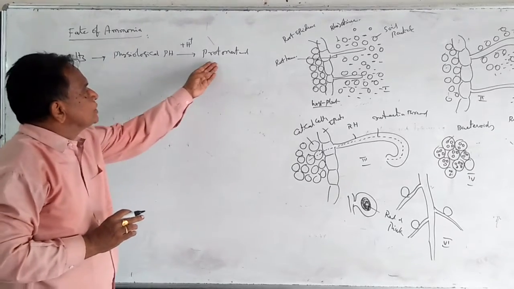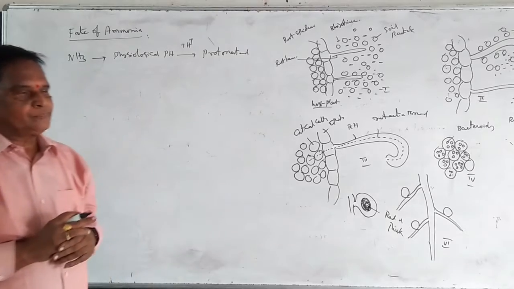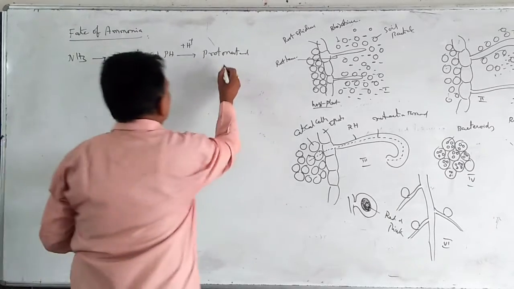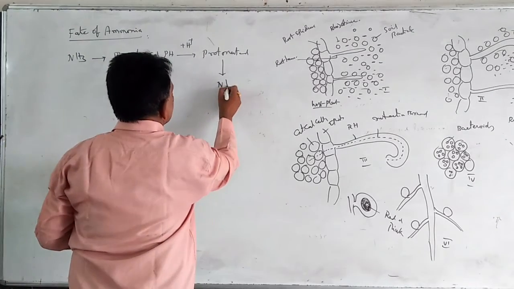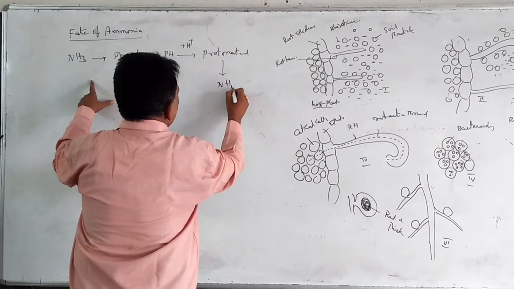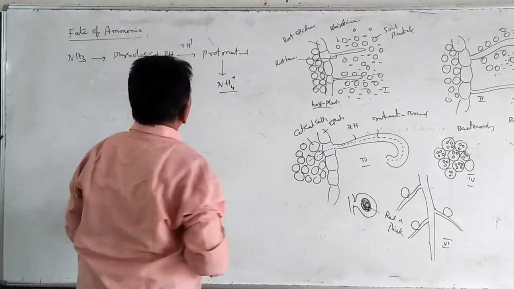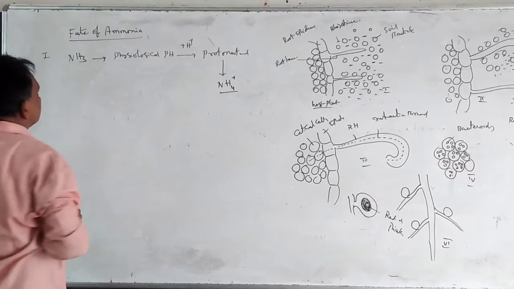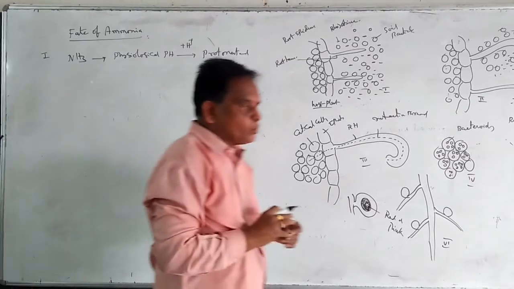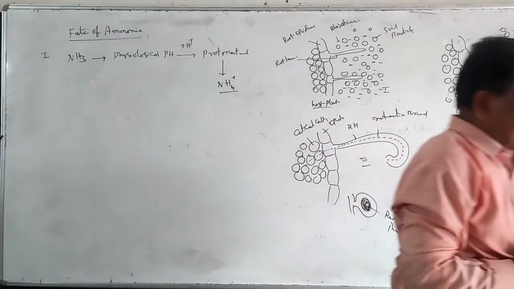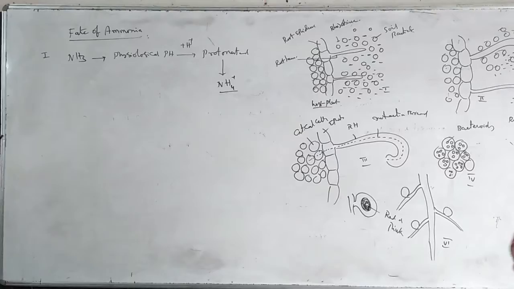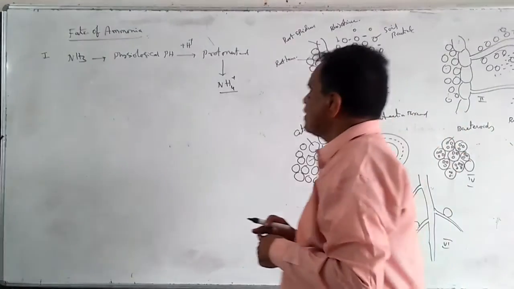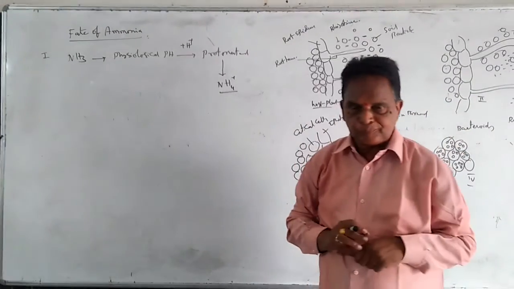Addition of hydrogen protons is called protonation, and as a result of this protonation, we will get the ammonium ion. So the fate of ammonia, the first stage, is that ammonia is protonated at physiological pH and converted to ammonium ion.